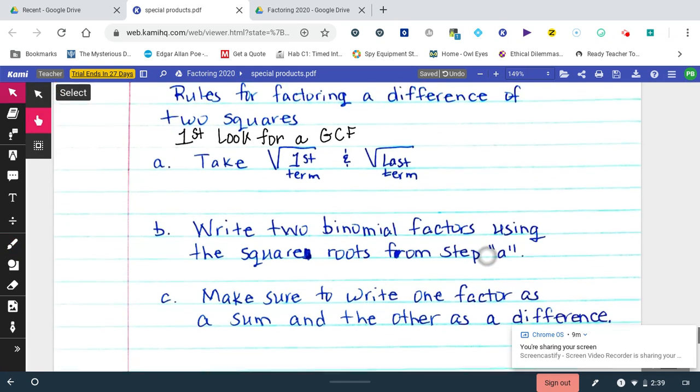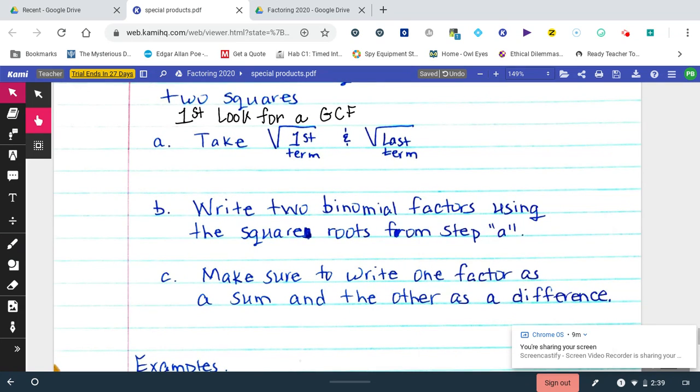After you take the square root of the first term and the last term, you write two binomial factors using the square roots from step A, just like we did with the perfect square trinomials. All right, but the only difference is the signs are going to be a tad bit different. It says make sure to write one factor as a sum and the other factor as a difference.